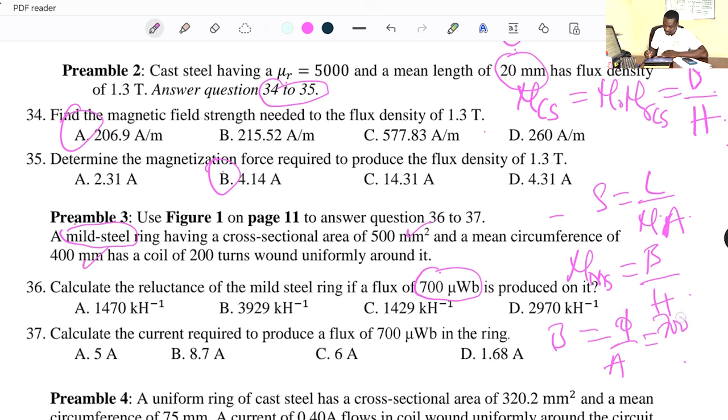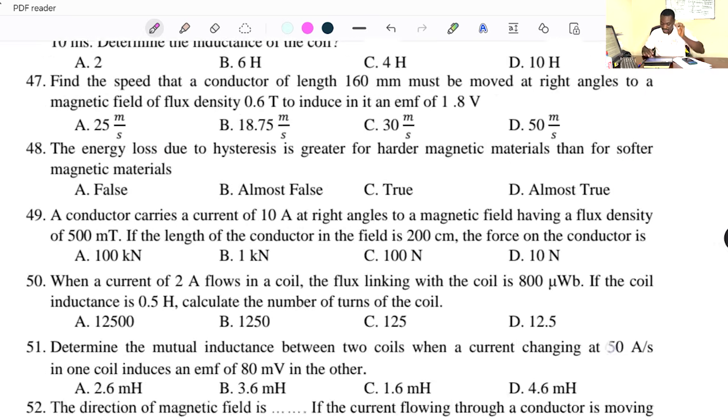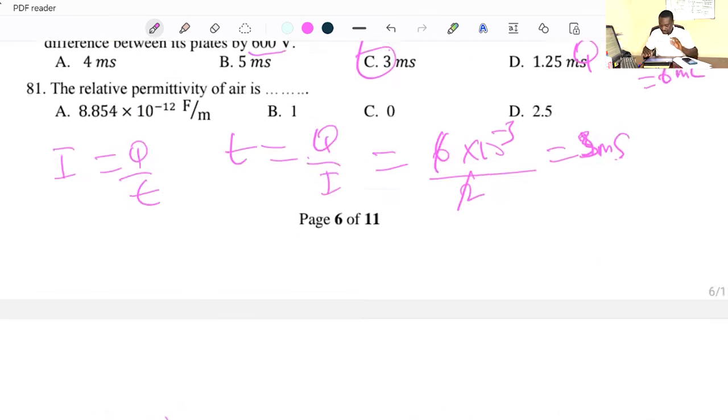That will be 700 micro over the cross-sectional area, 500 millimeters squared, that is 500 times 10 to the power minus 6. The micro and the 10 to the power minus 6 cancel, we end up with 7 over 5, that is 1.4 Tesla. So we go and look for cast steel in the graph here.